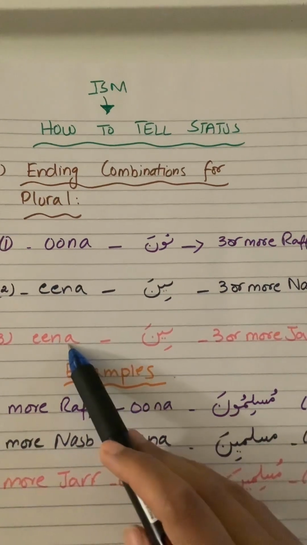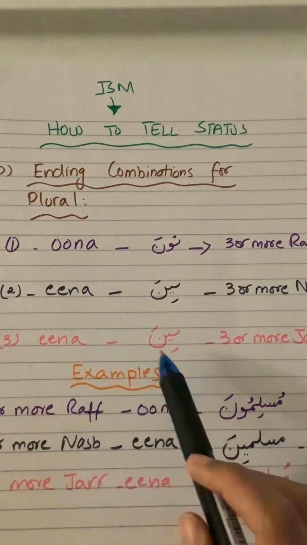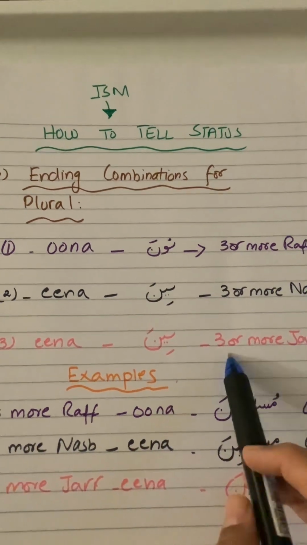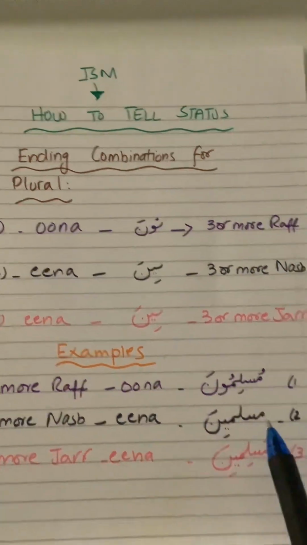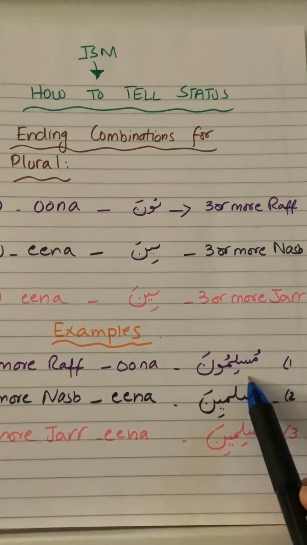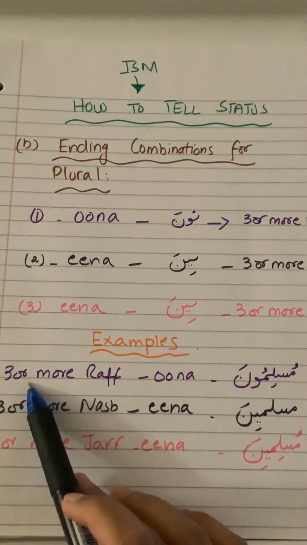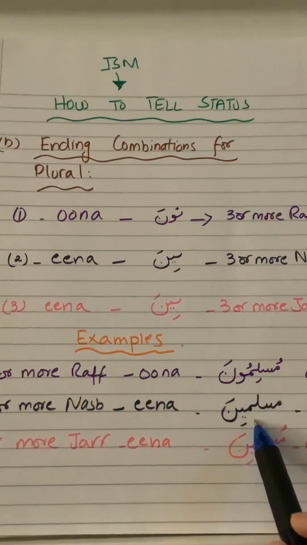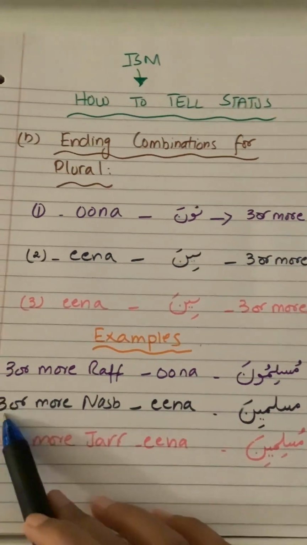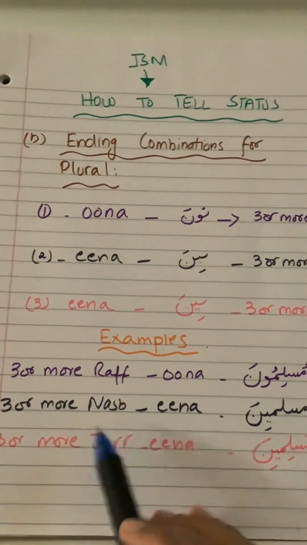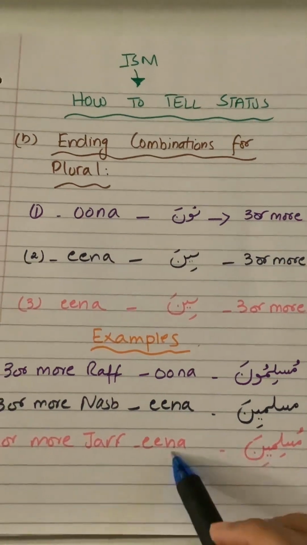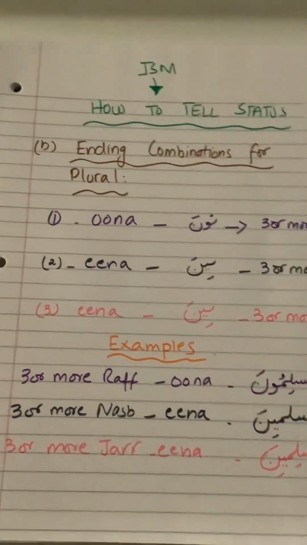And again, to make things easier, ina means three or more jar. Muslimuna, una sound is heard, so it's three or more rafa. Muslimina, ina sound is heard, three or more nasb. And again, Muslimina, ina sound is heard, three or more jar.